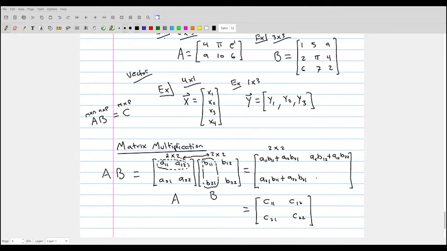And then lastly, it's going to be A21 times B12 plus A22 times B22. So for two general 2 by 2 matrices, this is how you multiply them together.